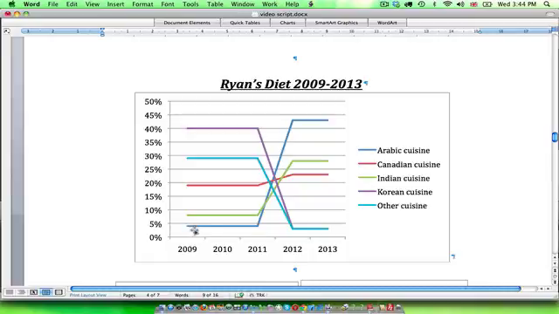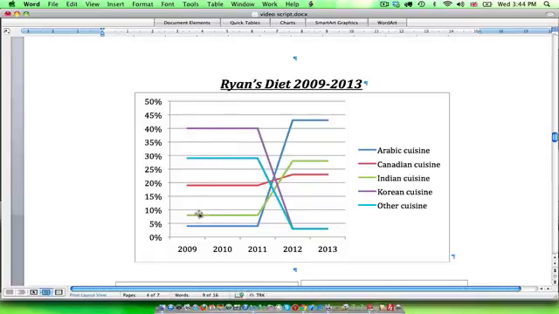Now when we go into talking about the minor and minute details, we might group certain trends together. So for example, Korean cuisine and other cuisine, they both start with a plateau and then they both fall to the same figure between 2012 and 2013. So we would group these when we talk about them.